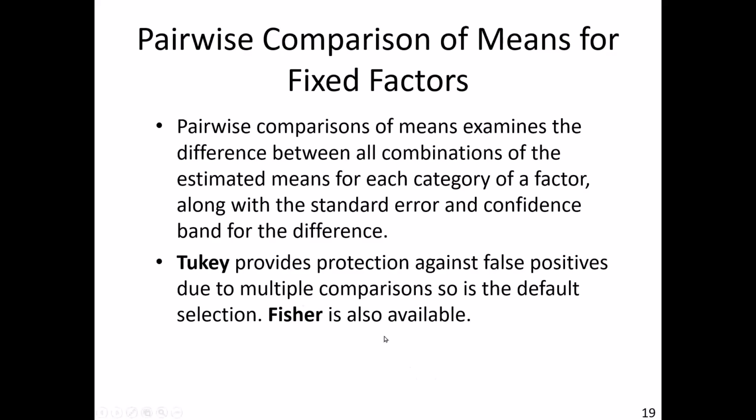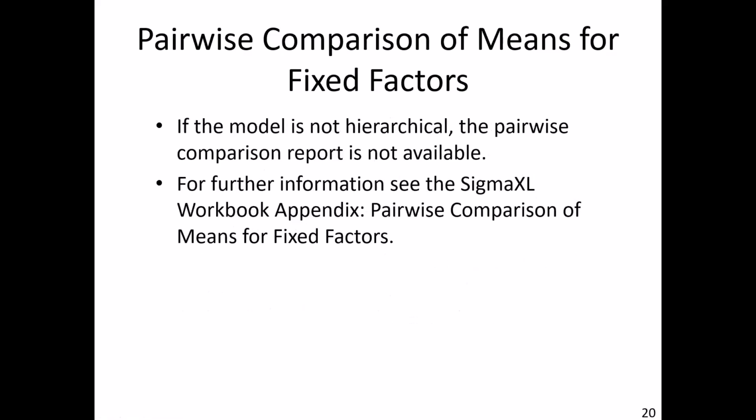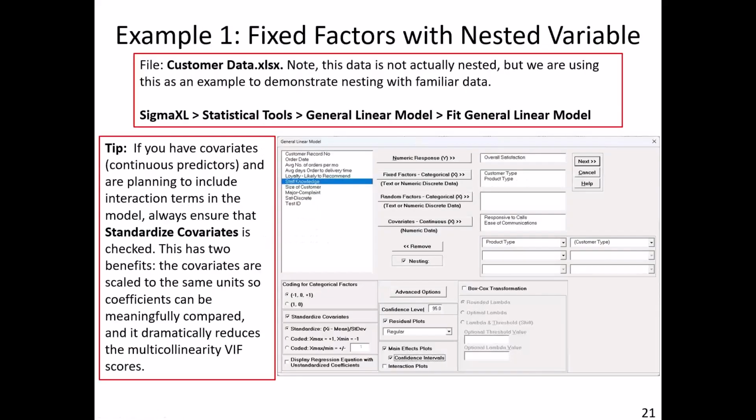Fisher is also available. That does not take into account the problem of multiple comparisons. All right, so that's pairwise. If the model is not hierarchical, the pairwise comparison report is not available. And for further information, see the workbook appendix.